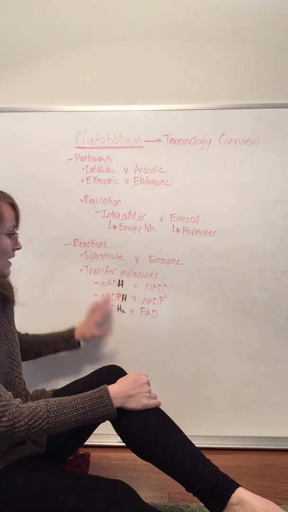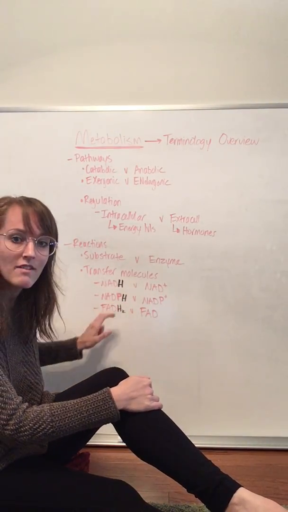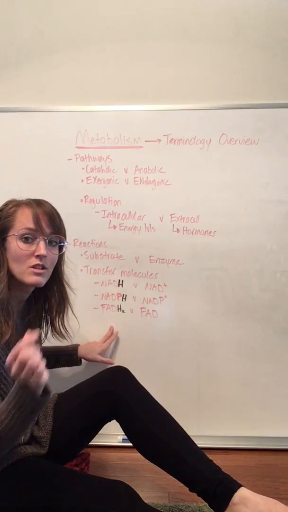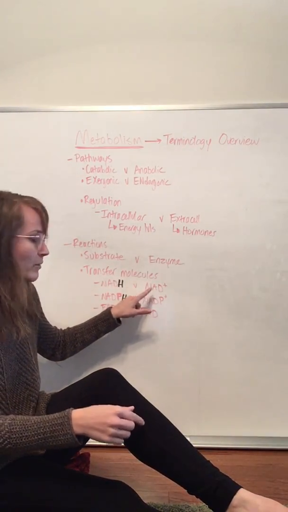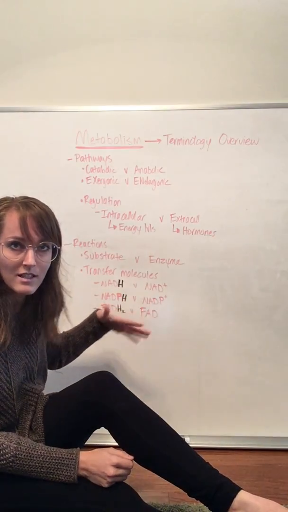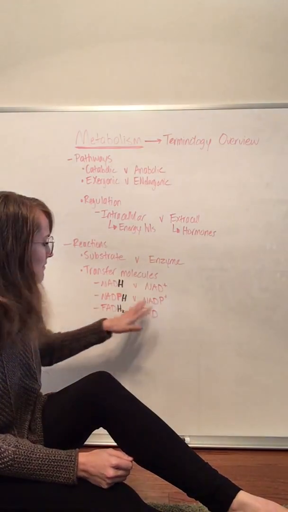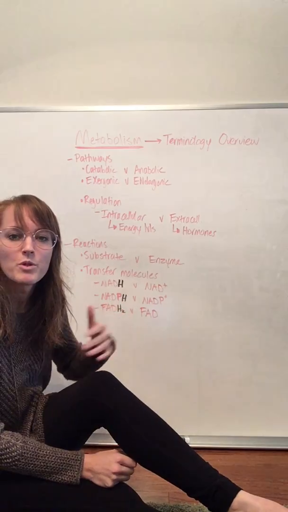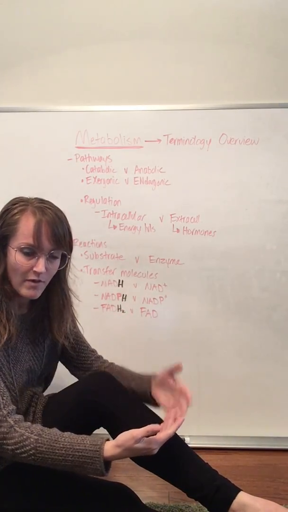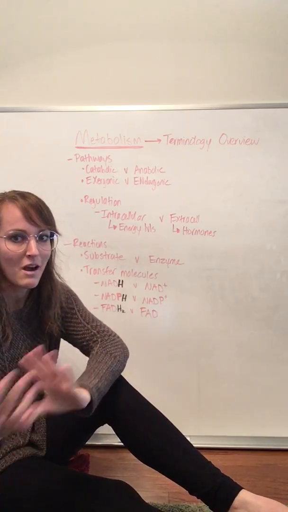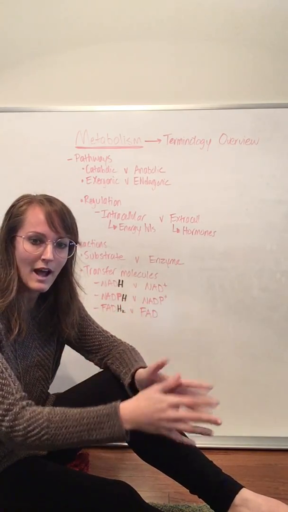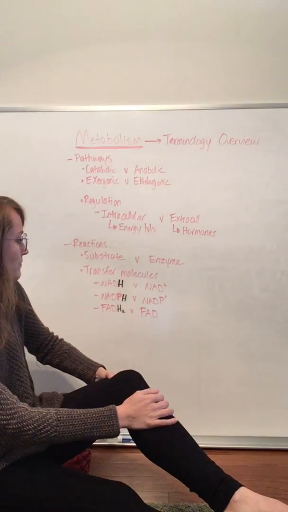So these here, NADH, NADPH, FADH2, those are your reduced transfer molecules. So when they release the hydrogen, we have NAD+, NADP+, those are your oxidized versions of them, right? Because the reduced is the gained ones, they've gained the hydrogen, oxidized, have lost them.